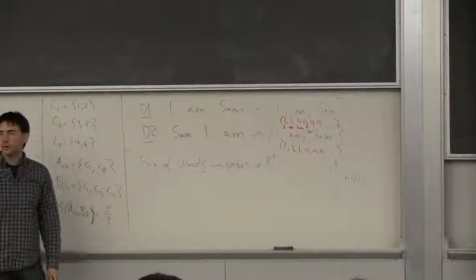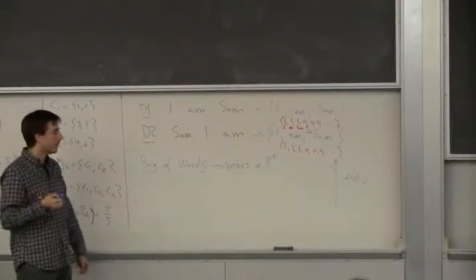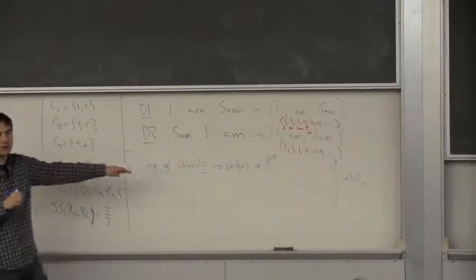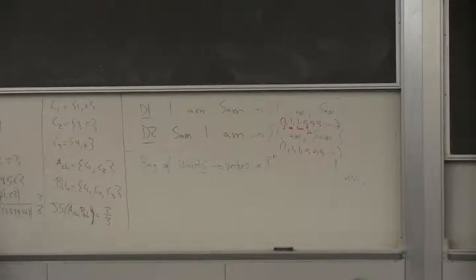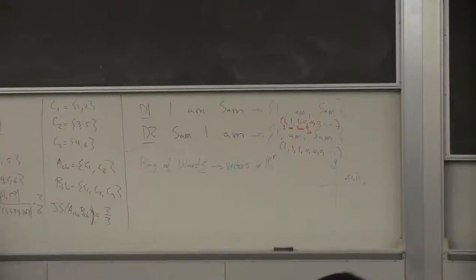So I'm actually not going to talk too much about this bag of words model, although this is very common in some areas. They'll typically do more complicated things to compare them. There's this technique called LDA, which is essentially a Bayesian technique of comparing documents.